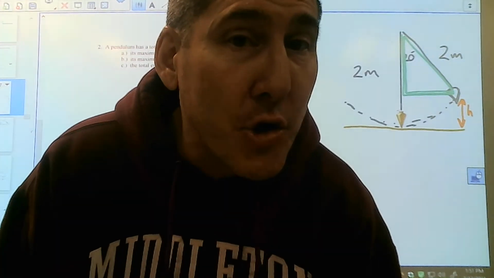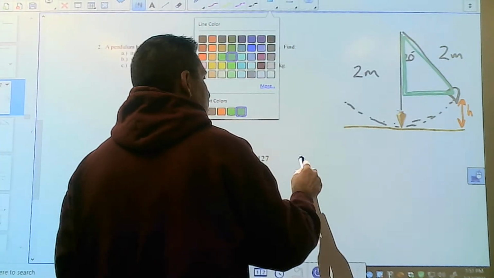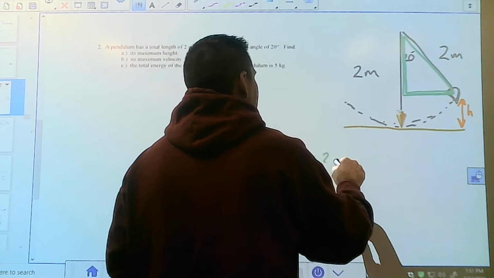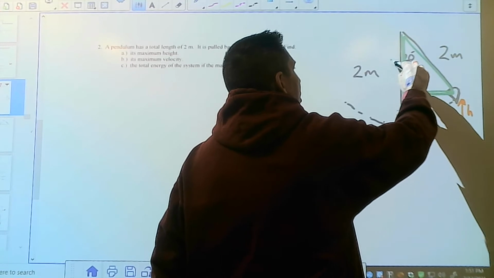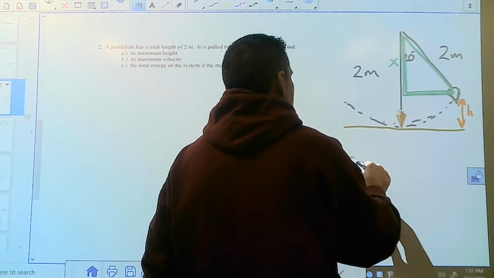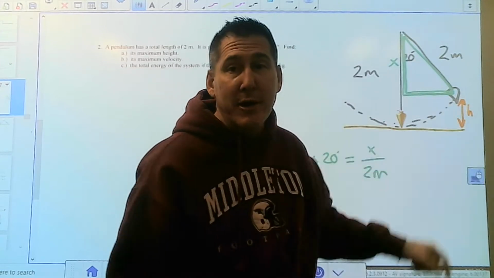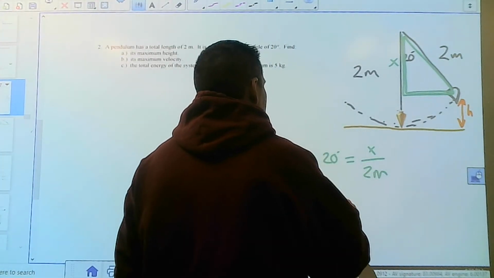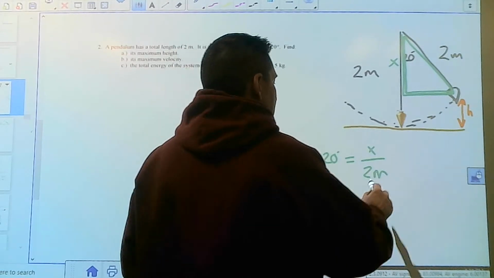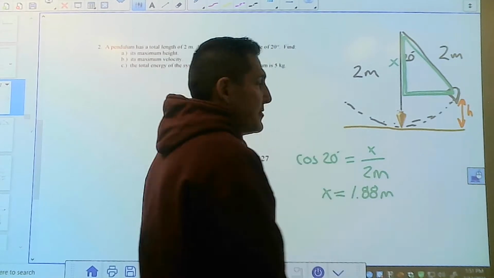So I'm going to look at the green triangle and do a little trig problem, where I can say the cosine of 20 degrees equals my adjacent side, which I'm going to call x, over the hypotenuse. The hypotenuse of the green triangle is 2 meters. When I take the cosine of 20 times 2 meters, I get 1.88 meters for x.